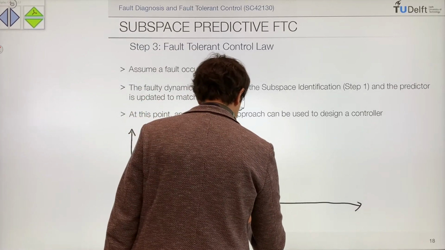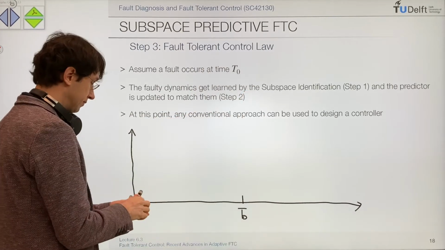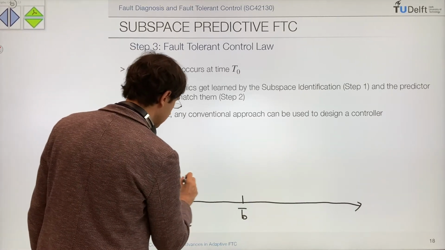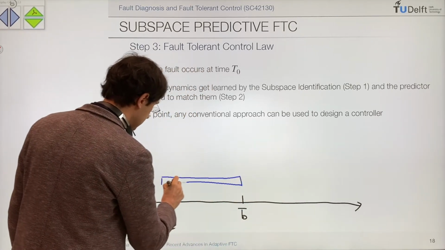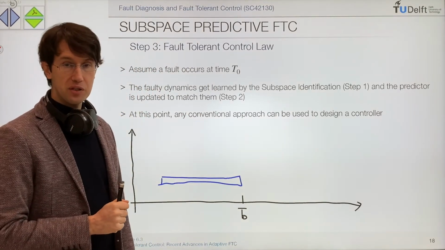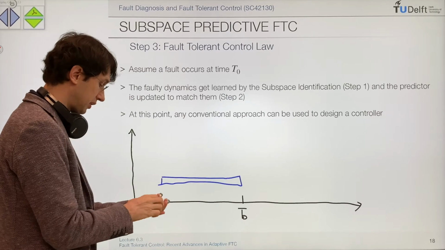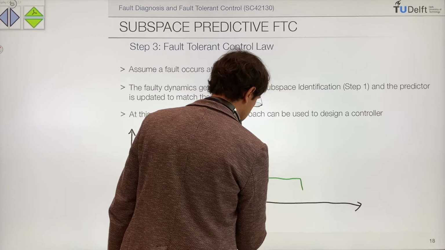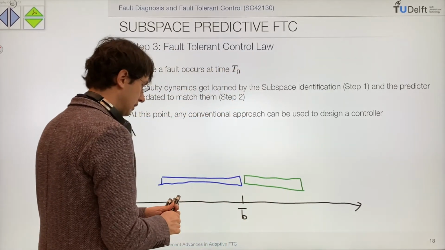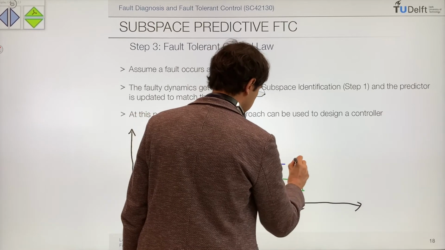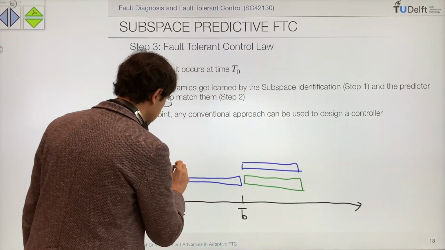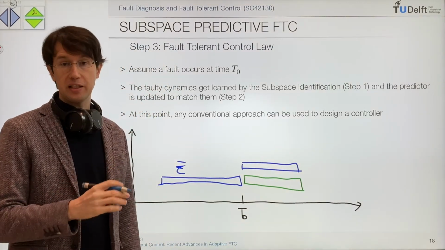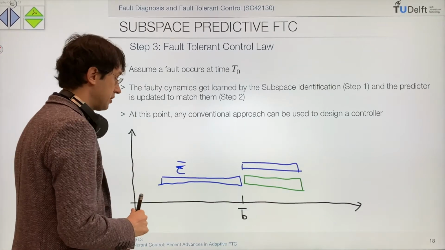So at some point we have a fault. At the time that we have a fault, we still are using time windows in the past, so before the fault, in order to predict things after the fault. So I'm trying to make the same drawing as before. We had this Z over bar, and we also had the calligraphic Z, but I'm not drawing that here, otherwise it's not clear.